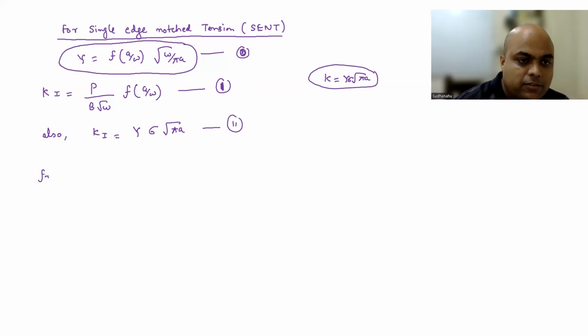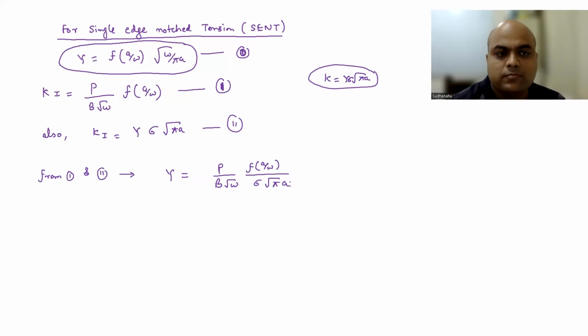From 1 and 2, we can write Y equal to P by B root W F(a/W) divided by sigma root pi a. Just combine equations 1 and 2 and you will get this particular expression for Y.